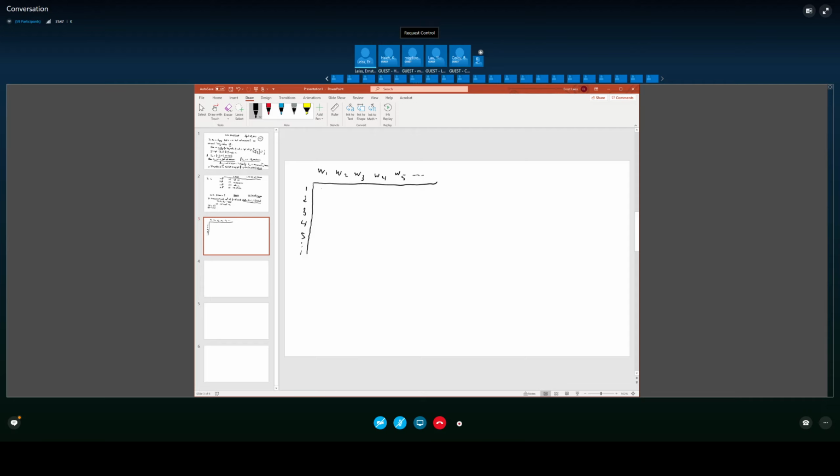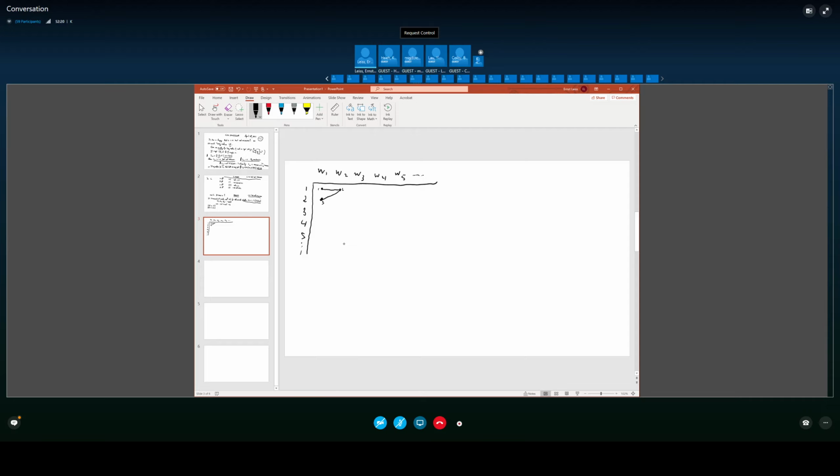So initially, I take the first step for processing W1. And then I go to the first step of W2. And then I do the second step of W1. And then I do the third step, so this is 1, 2, 3.